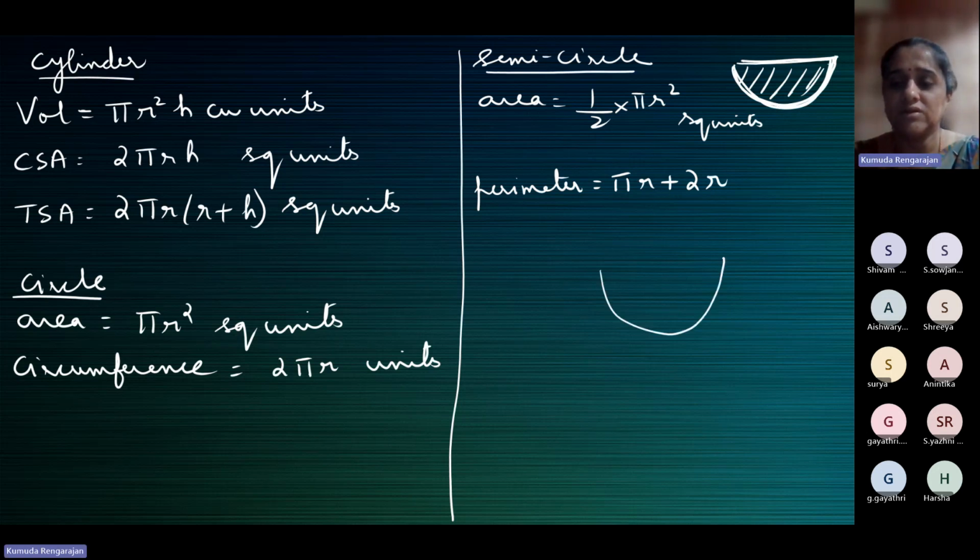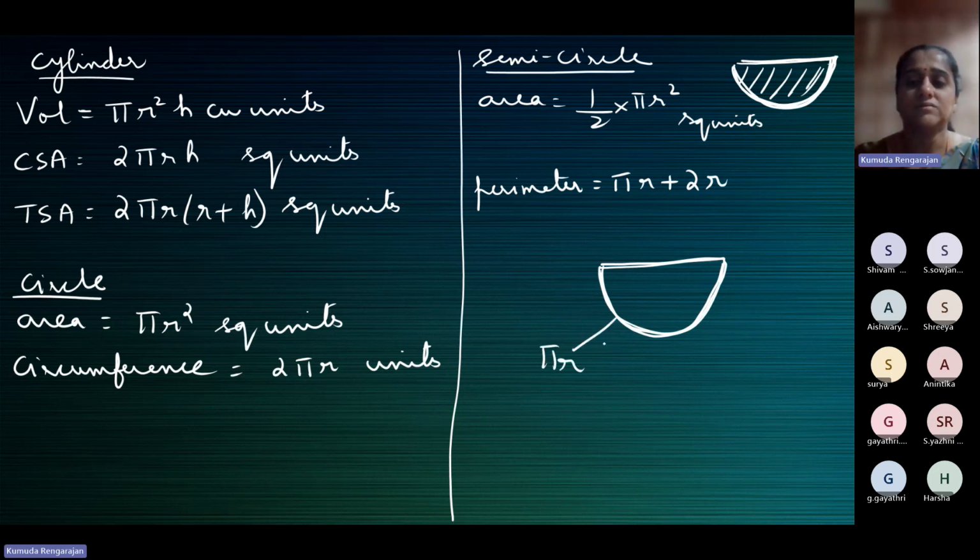So this is the semicircular region, where this is the semicircle. A semicircular region is bounded by the semicircle and the diameter. The length of the semicircle is pi r. And this is the diameter, which is r plus r. This is r, this is the center, this is r, so 2r.